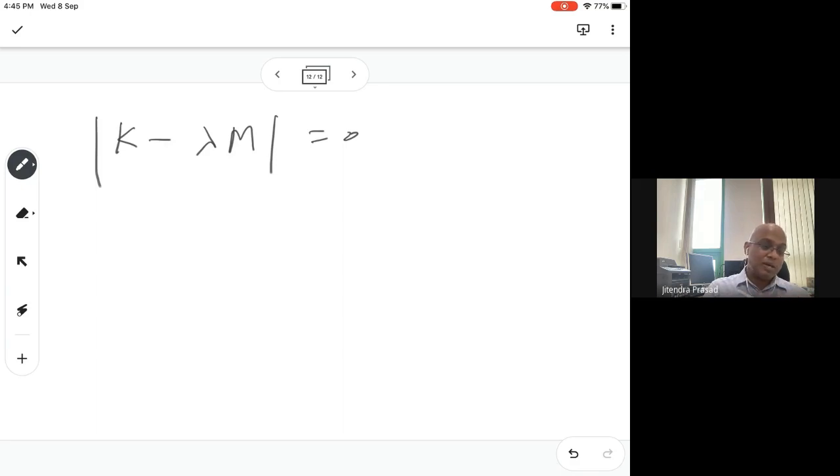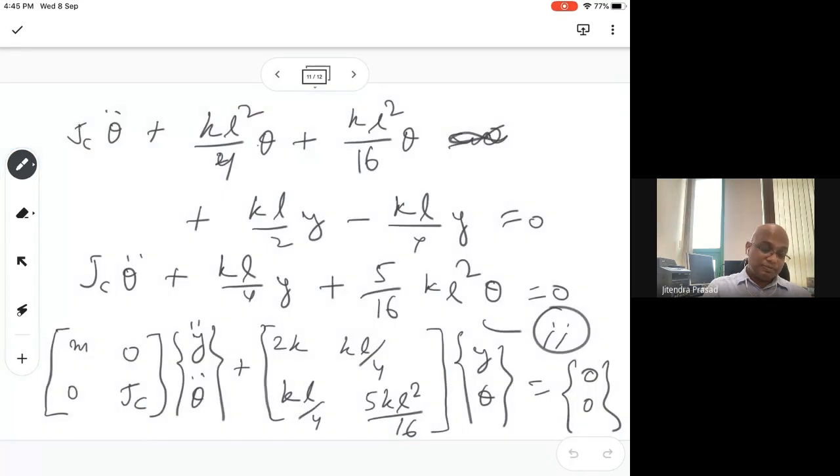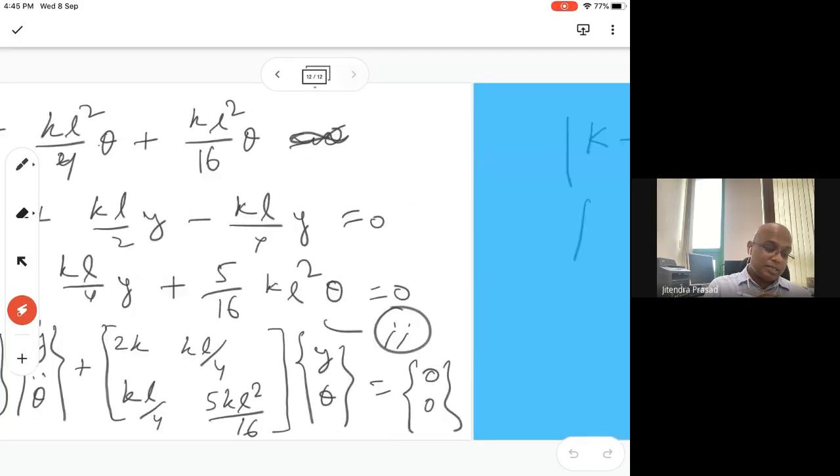That really means this is the k matrix, this is the m matrix. So 2k minus m lambda.